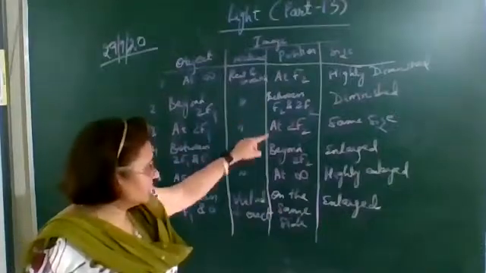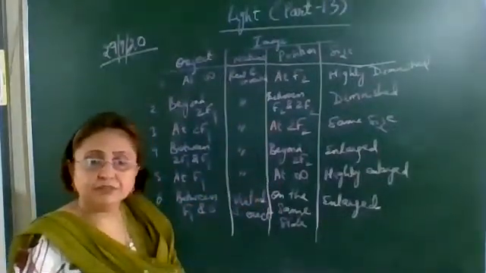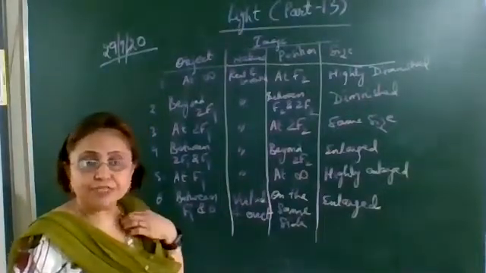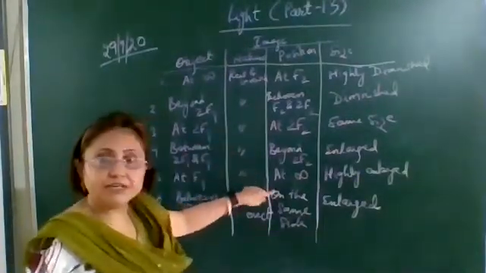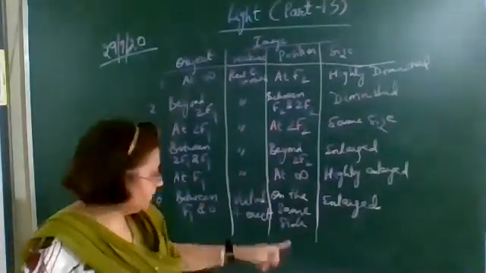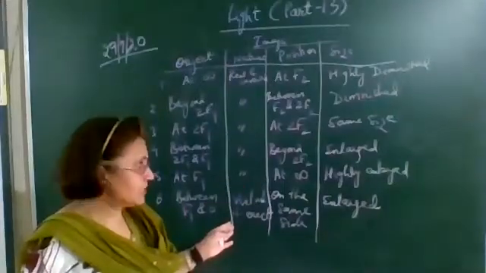The real and inverted images are always formed on the other side of the lens. We are placing the object on the left side and the images are formed on the right side, whereas a virtual and erect image is always formed on the same side.